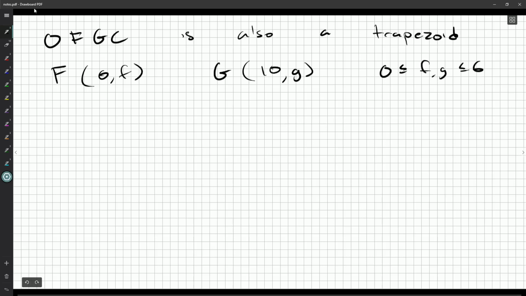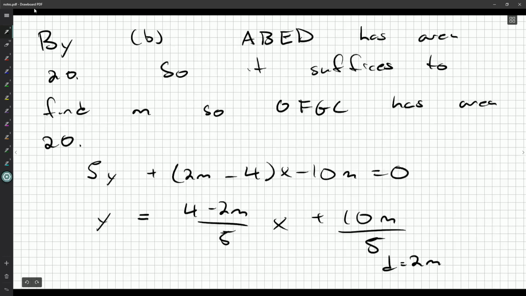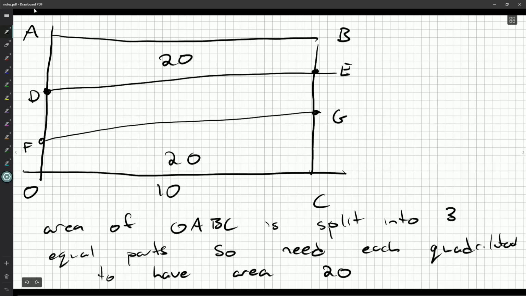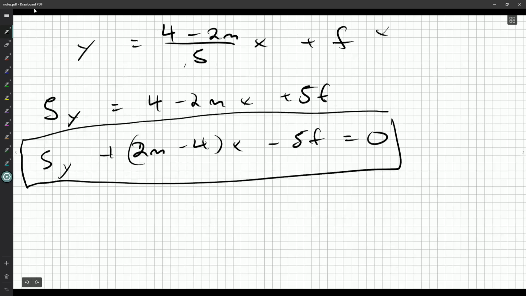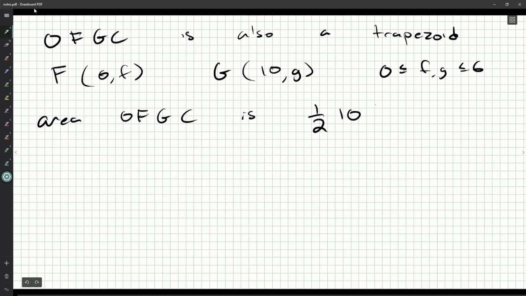Okay, so there we go. So the area of OFGC is 1/2 height, which will still be 10. Will still be a height of 10. And now it's f and g that we need, so times f plus g. So we just need to figure out an f plus g.